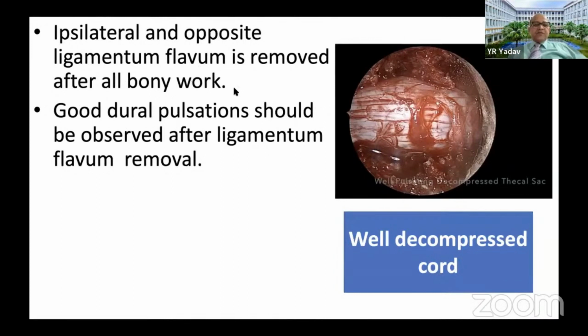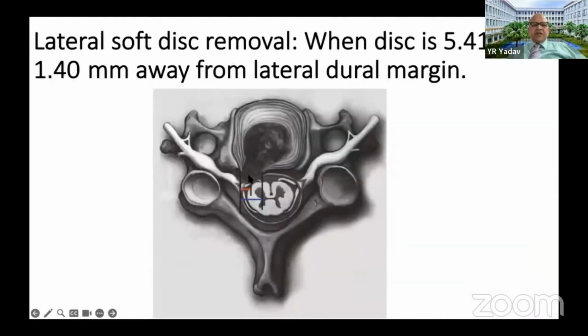I have been discussing lateral disc: if there is a central disc, you cannot go from the posterior side. But if there is a soft disc which is within 5 millimeter of the lateral margin of the thecal sac, a little bit of retraction of the cord can be done, but you cannot remove the central disc.